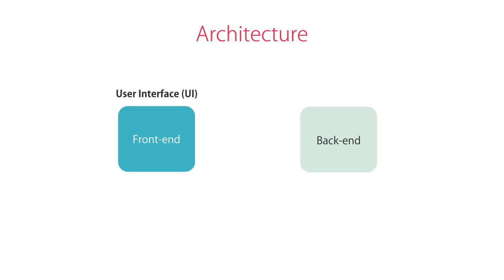So it essentially includes the user interface or UI of an application. We use HTML, CSS, TypeScript, and Angular to build the front end. The backend sits on a web server or multiple web servers in the cloud and is responsible for storing the data and doing any kind of processing.